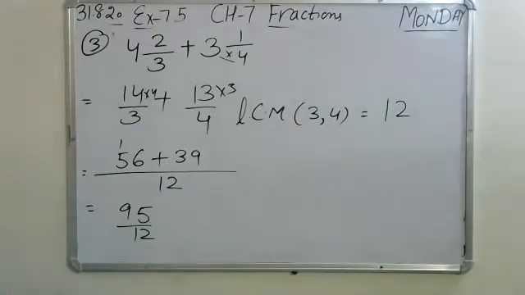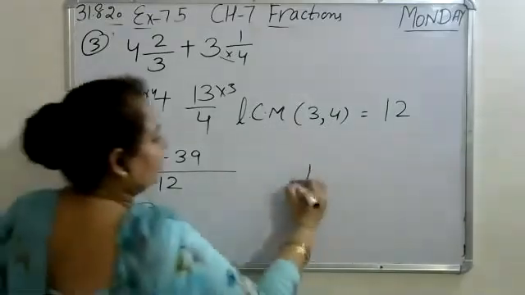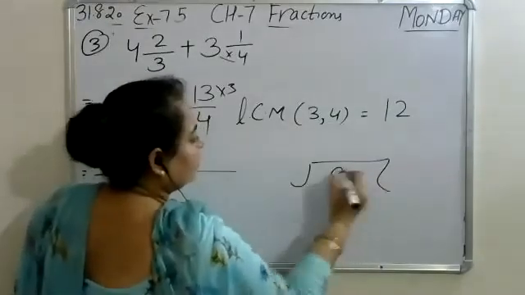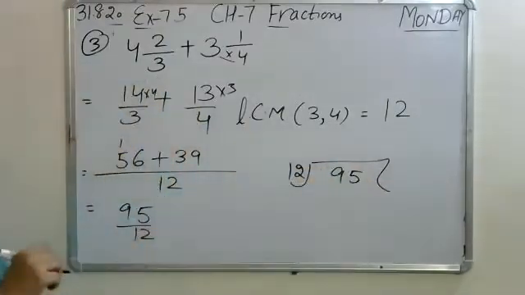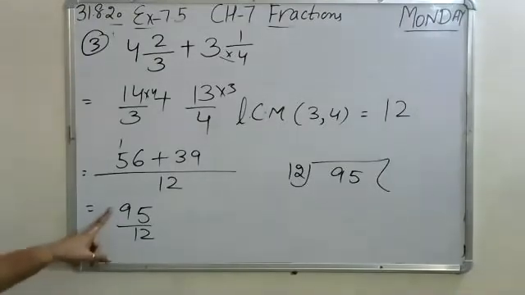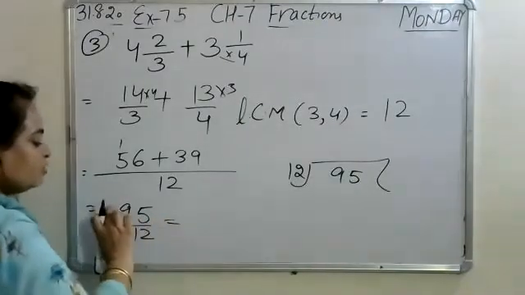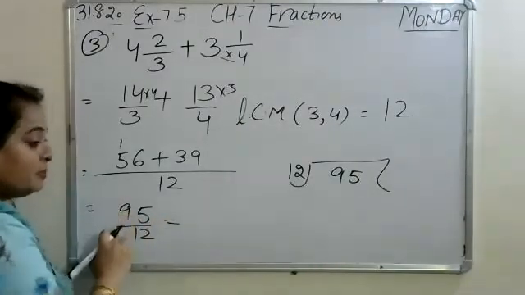No, ma'am. We will divide it. We will divide 95 by 12 and write this as a mixed fraction. Now divide and tell me the answer as a mixed fraction, because this is not the final step. Division is possible here.